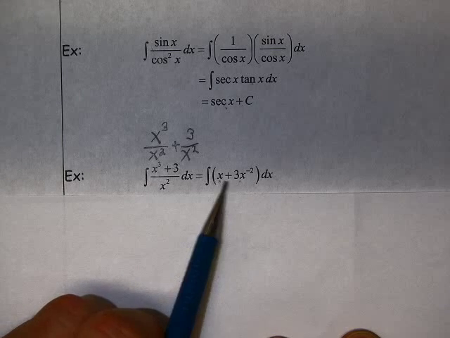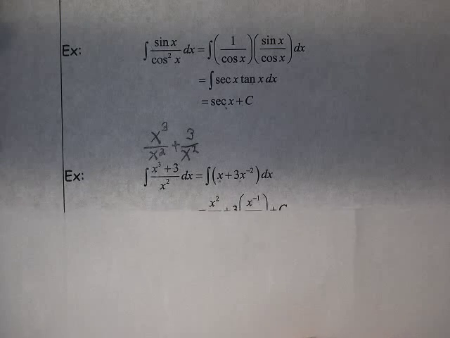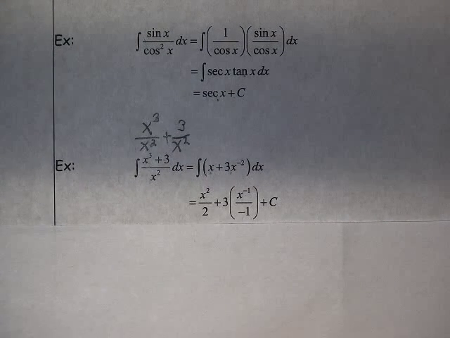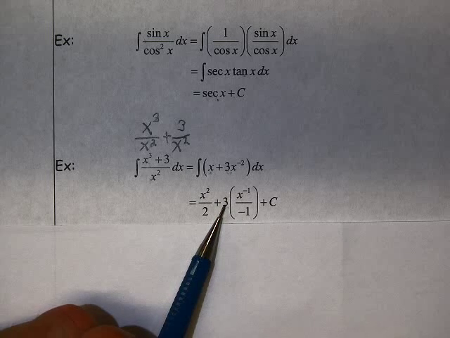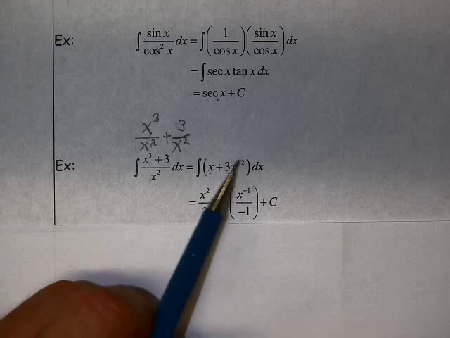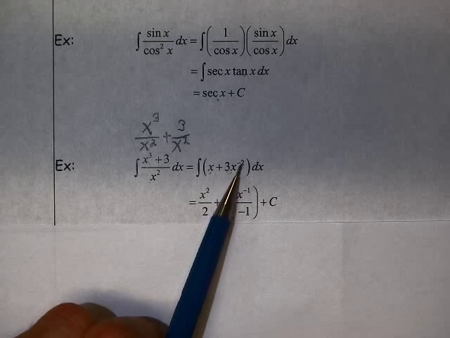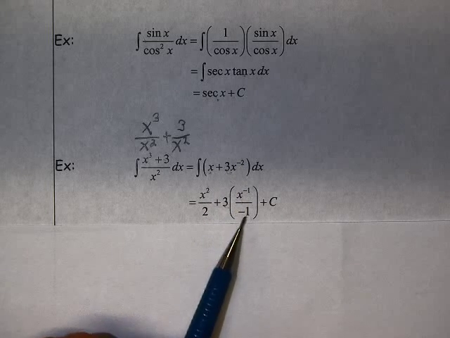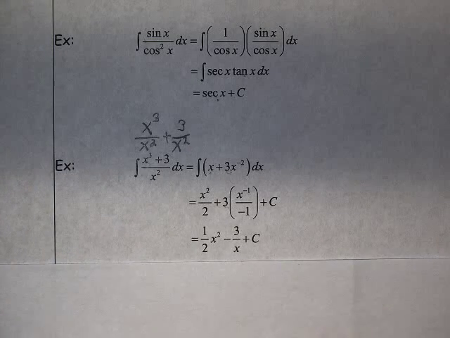Now I can get just x plus 3 times x to the negative 2. These are just powers of x where I can add 1 to the exponent and divide by the new exponent. Again, notice I have this coefficient of 3. I didn't do anything with that in that first step. I'm just dealing with this x to the negative 2. I add 1 to the exponent, I get a negative 1, divide by the new exponent, and then I can simplify that and rewrite it if I want to.